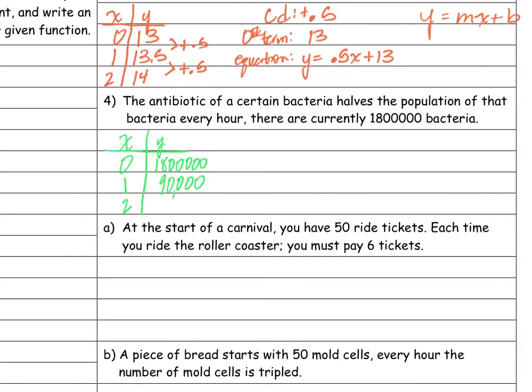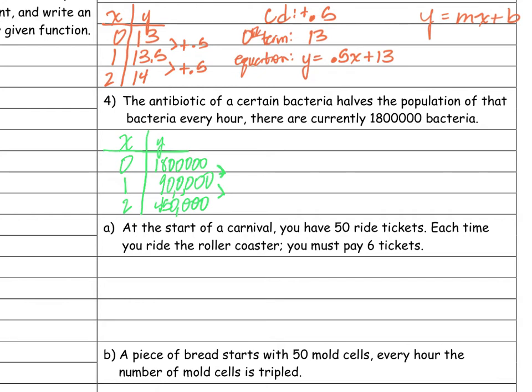I think I might have missed a 0 here. Divided by 2. Oh, I did. I missed a 0. Sorry. One more 0. The comma should go there. And then after another hour it's 450,000. Sorry.